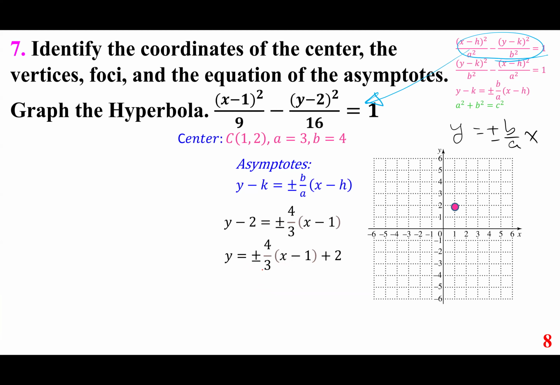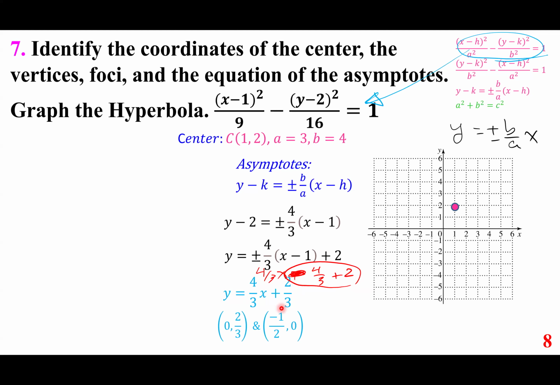So if we go with the positive, we get 4/3 x minus 4/3 plus 2. And 2 is 6/3, so we get plus 2/3. And so to graph this, obviously, this is the y-intercept, 0, 2/3. And then if you set this one equal to 0, drop the denominator, 4x plus 2 is 0, negative 1/2, 0.